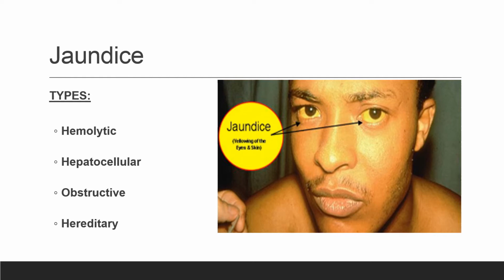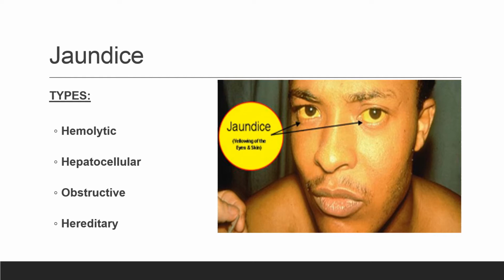Hepatocellular. This is when damaged liver cells can't clear the normal amounts of bilirubin from the blood. Liver cell damage may be caused by hepatitis, Epstein-Barr virus, yellow fever, chemical toxins, alcohol, cirrhosis, and it's all dependent upon the cause. But if the cause is something like the use of an antibiotic, it can be completely reversible.